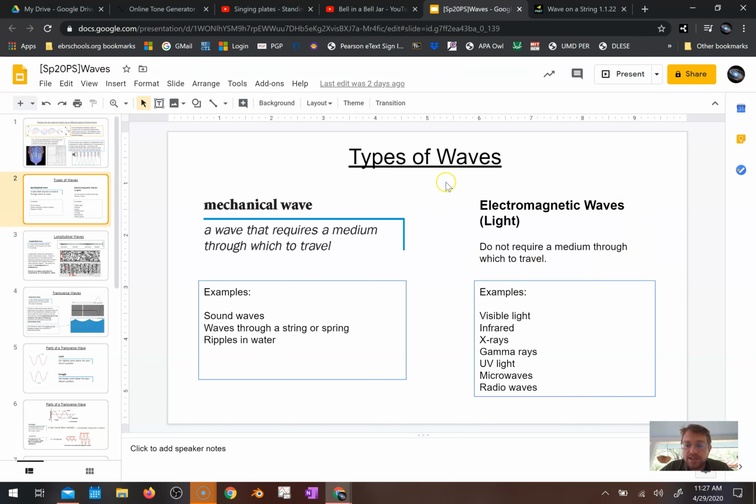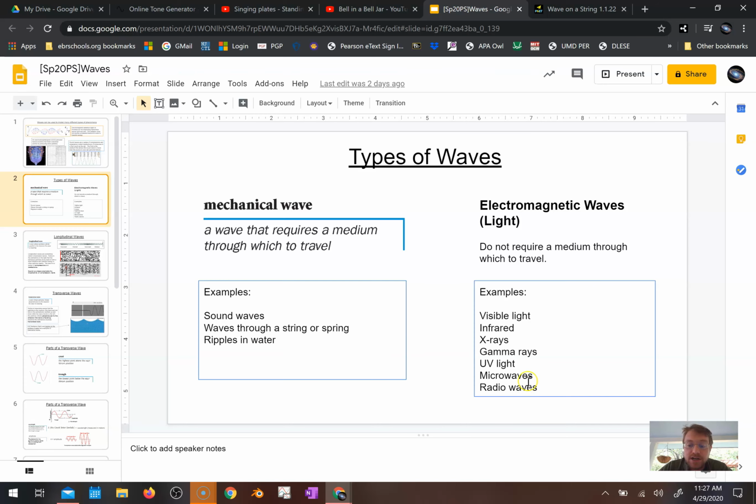Electromagnetic waves, or light, can travel through the emptiness and the vacuum of space. And so all of these examples down here are just different parts of the electromagnetic spectrum, so a different range of light. Visible light is pretty much right in the middle. Infrared is lower energy and a longer wavelength or lower frequency, and microwaves and radio waves are even lower energy than that.